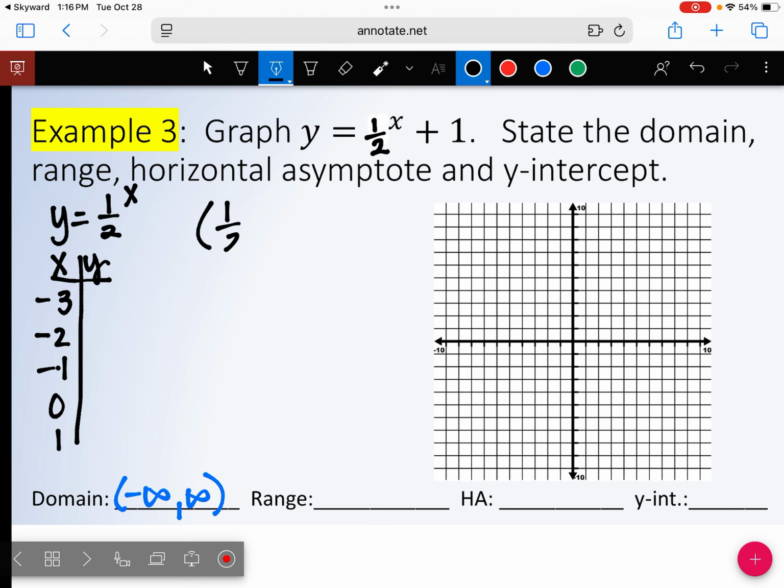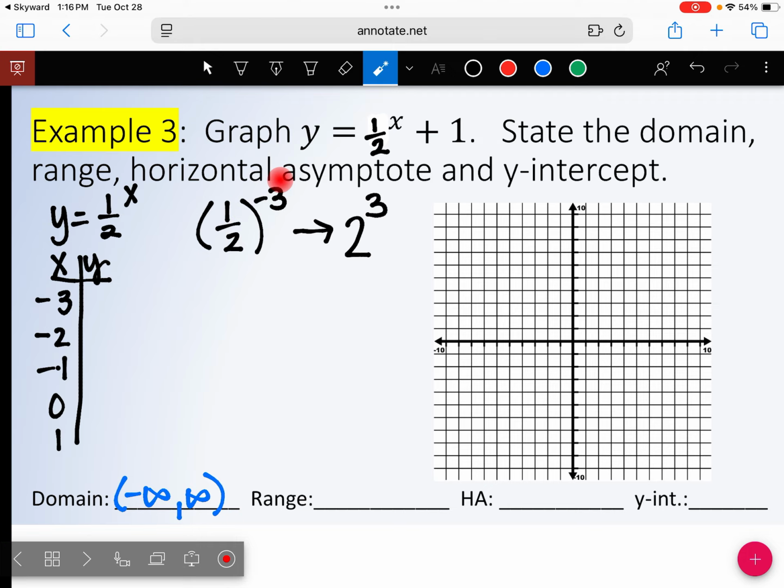If you take 1/2 to the power of -3, this is just a little mini algebra 1 review. If you take 1/2 to the power of -3, that is the same thing as 2 to the power of +3. The way you make an exponent positive is by taking the reciprocal.